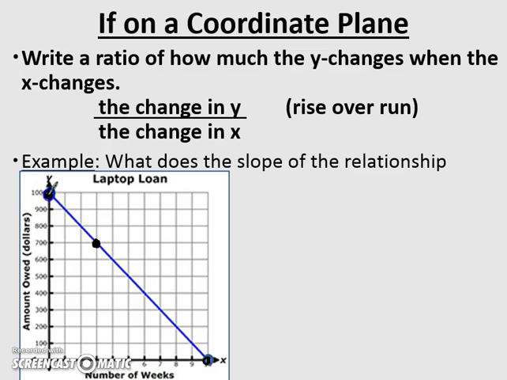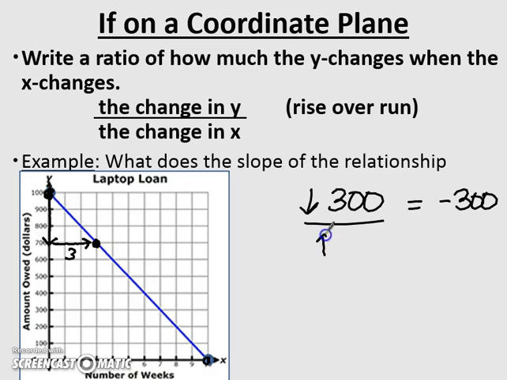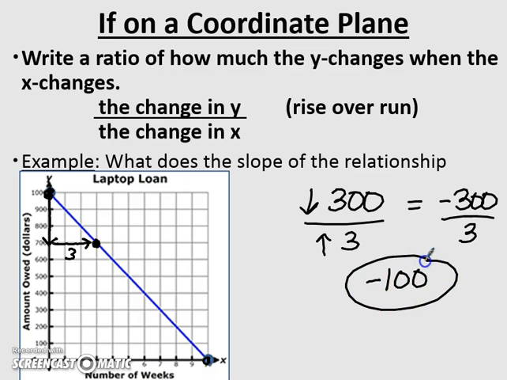Well, the y was at 1000, and now it's at 700, so that went down 300, or negative 300. And the x went up 3 weeks, or positive 3. Negative 300 divided by 3 makes negative 100.